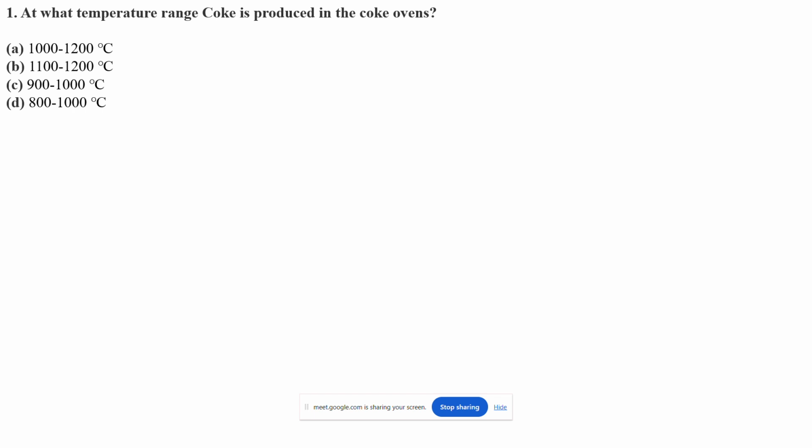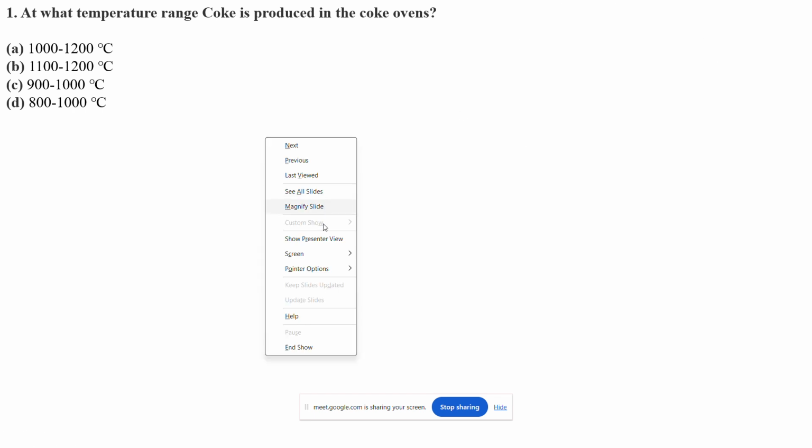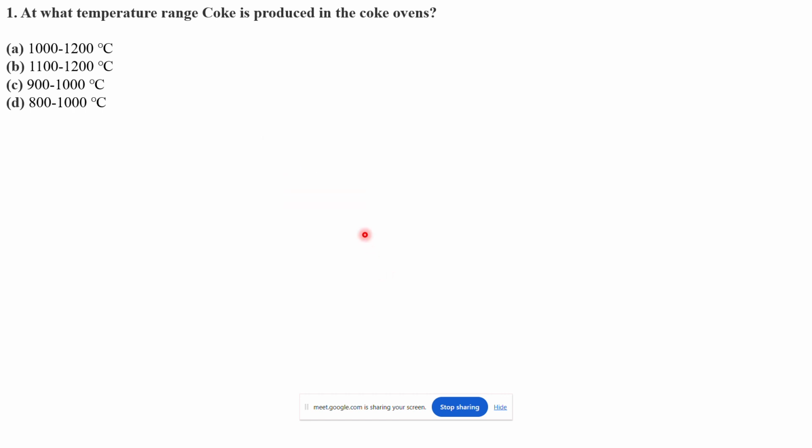So when we were talking about the byproduct coke ovens, we were generally feeding the coking coal, or we can say caking coal, inside the coke oven batteries, and we were treating it at around 1000 to 1200 degrees Celsius for 14 to 18 hours for producing the coke and byproduct gases, which consist of CO, CO2, some amount of H2 and SO2, and also H2S as a byproduct gas material.